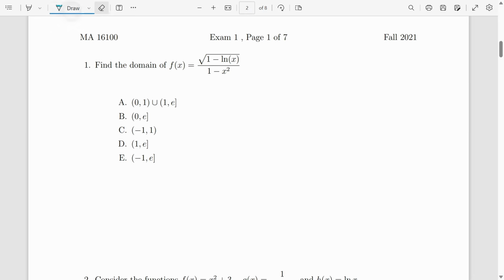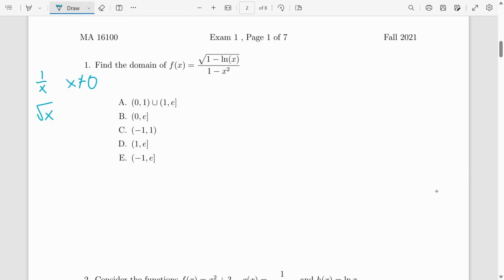I like to call them the main three. There are usually three types of things in functions that can cause restrictions. The first one we just said: if you have a denominator, or a fraction, that denominator cannot equal 0. Another common one is the square root.